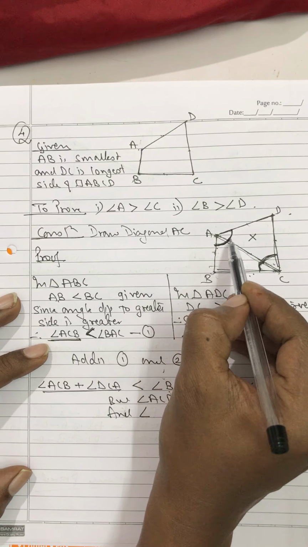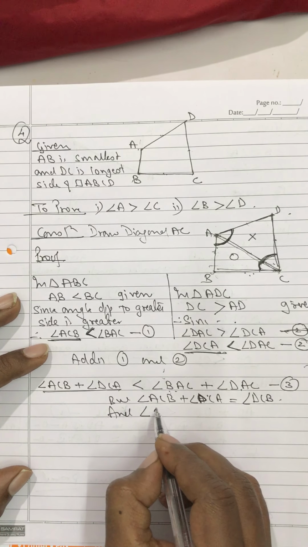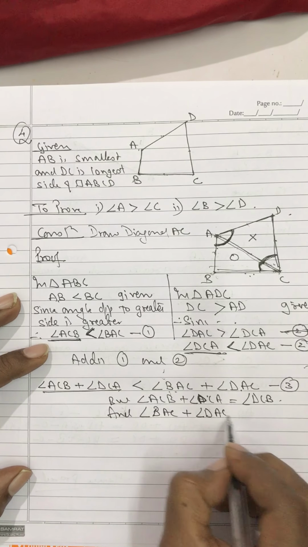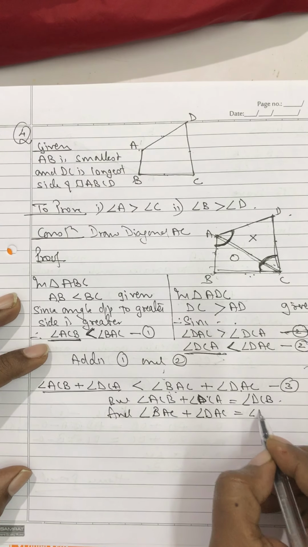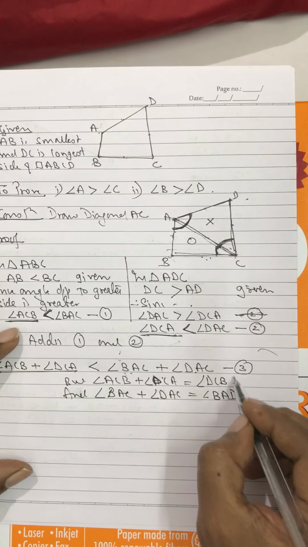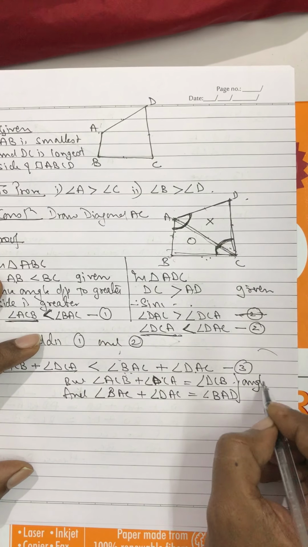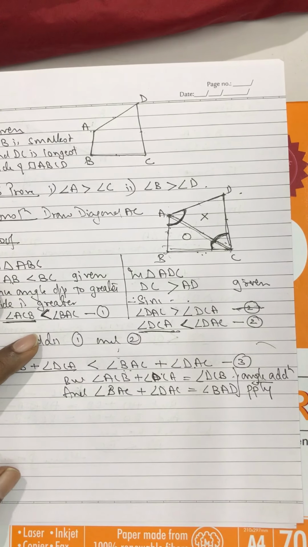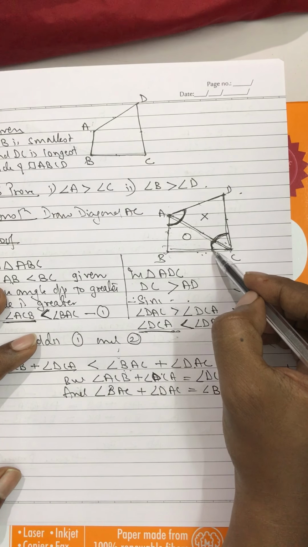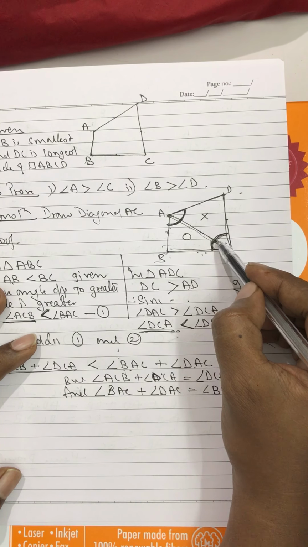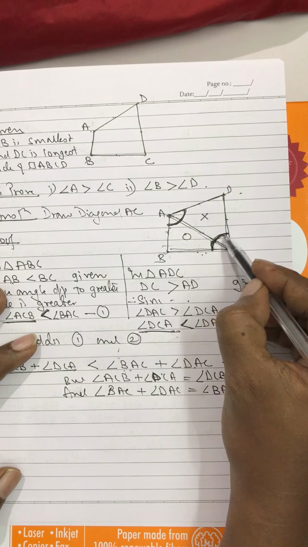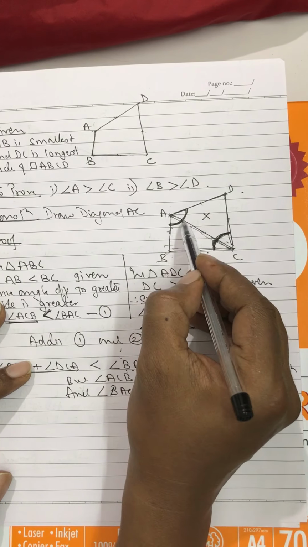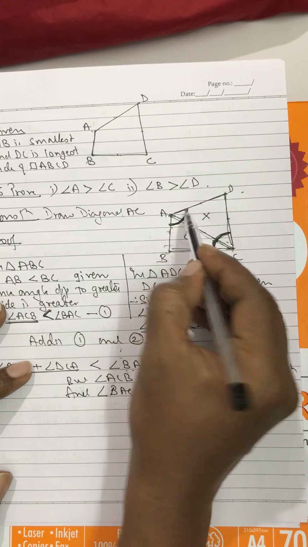If I add this, angle BAC plus angle DAC will be angle BAD. Reason for both is angle addition property. This angle ACB plus angle DCA is complete angle BCD. Similarly here, angle BAC plus angle DAC will be complete angle BAD.